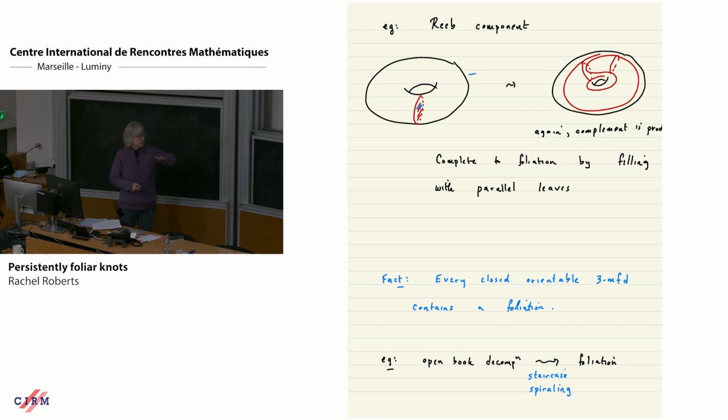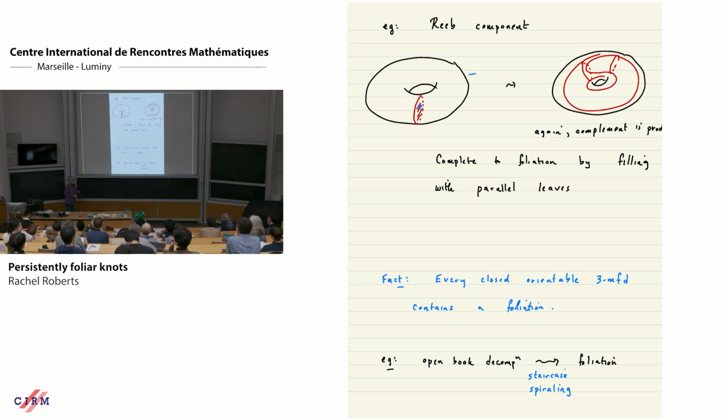Then we're just going to say that one of those fibers is going to play the role of the alpha. We just do the cut and paste, so we have spiraling around the boundary of the bindings, and then we fill in the bindings with solid tori.